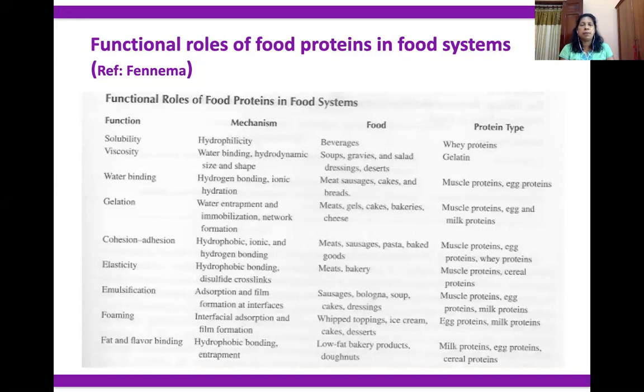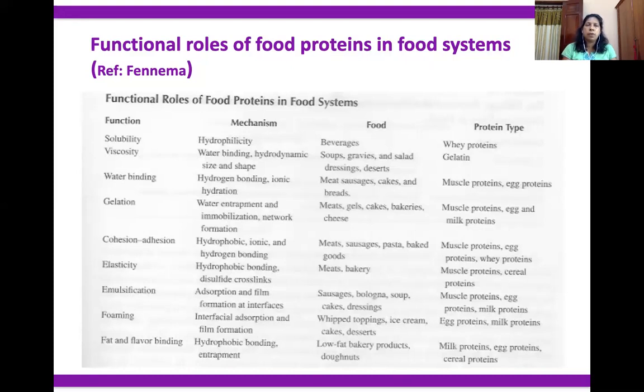Especially gravies, you have seen that once you cook the meat or the fish, a small thickness comes in the gravy when the cooking is finished. So you have eaten it, different types of meat, even chicken, when cooked a small thickness comes.